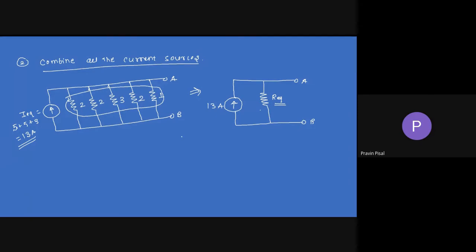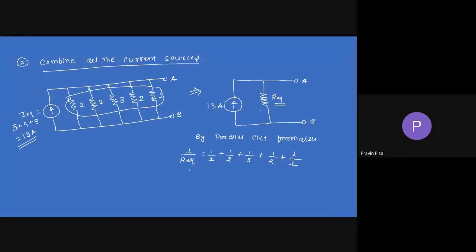So how do you get R equivalent? It's the parallel formula. By the parallel circuit formula, if it is 2 resistances, I will use that method. But if we have 5 resistances, then 1 by R equivalent is the reciprocal of all these resistances added. So 1 upon 2 plus 1 upon 2 plus 1 upon 3 plus 1 upon 2 plus 1 upon 1. Right?